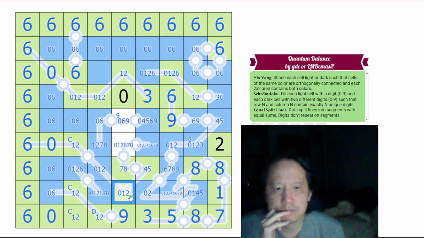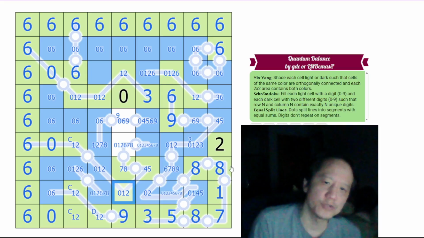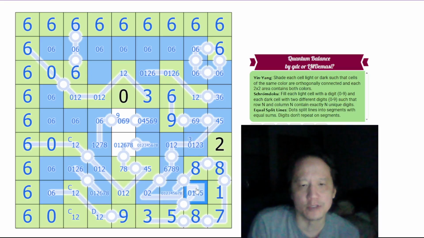So there have to be 3 unique digits between these two cells.